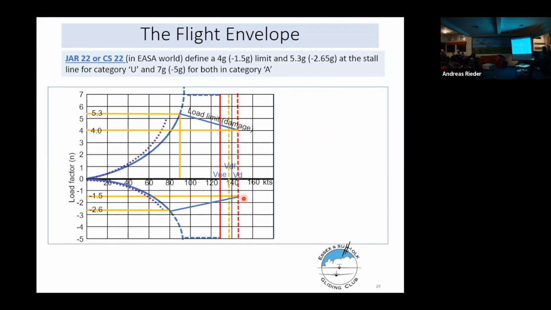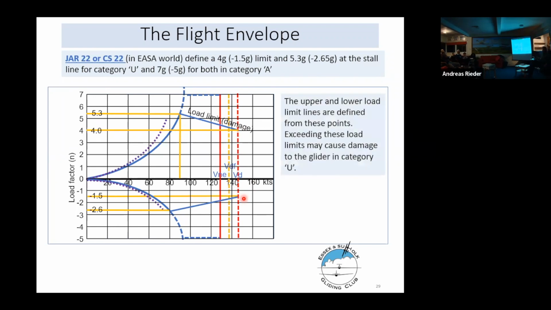So those are limits which are just defined. They are defined by CS 22. Exceeding these limits may cause damage.